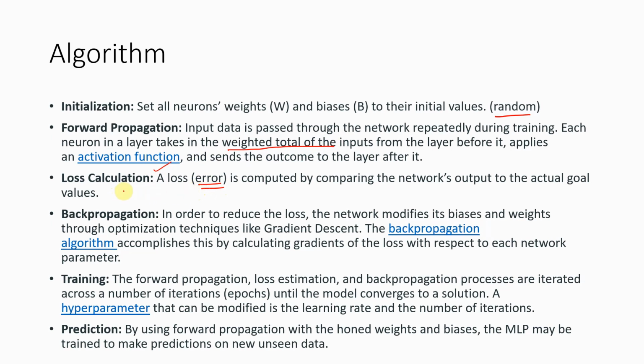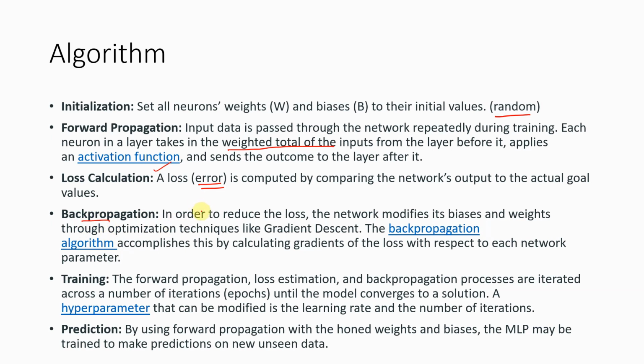The next step is the error calculation. We calculate the error between the computed output and the actual output. Based on the error, the weights get propagated in the backward direction. In order to reduce the loss in the error, we go to the next step called backpropagation.